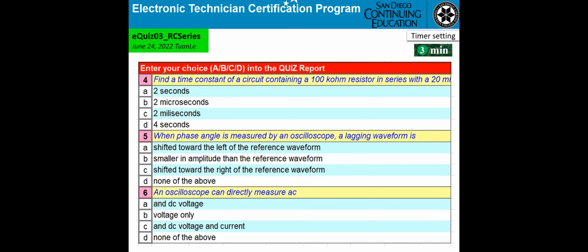We can't see the entirety of question number 4. Yes, it's cut off. I can see number 4. It's just the question on top. It goes to 20, and then you got MI at the end. In the yellow there, it looks like you can't see the entire question. Okay, let's see. Just a minute.